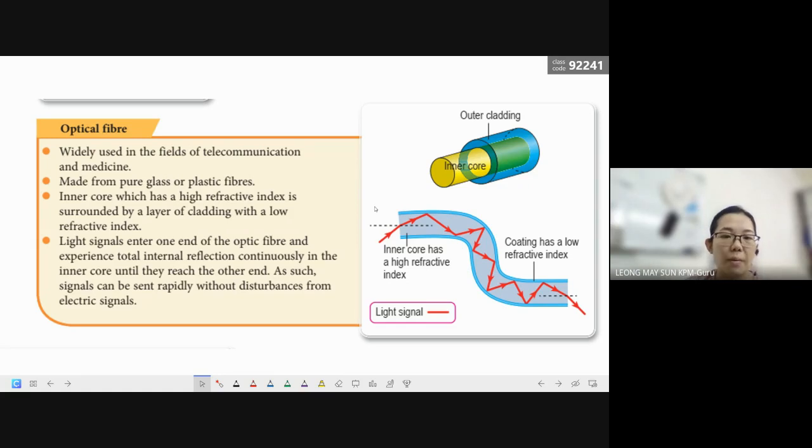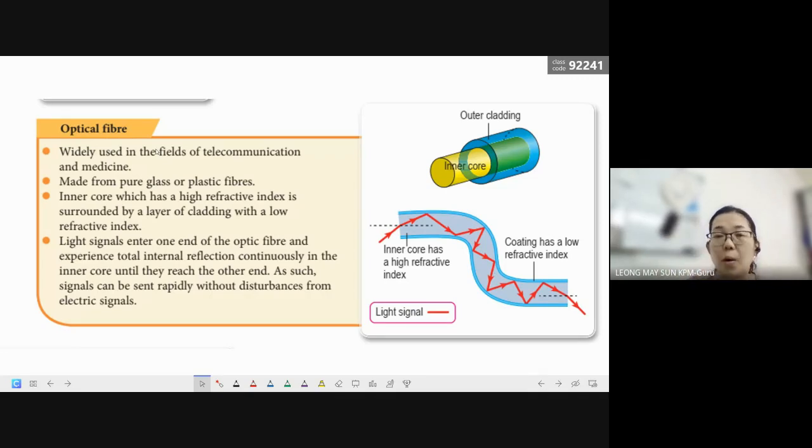Fiber optics, this is what I've taken from the textbook. It's widely used in the fields of telecommunication and medicine. Just in case you didn't notice, it was not only in the textbook, it was also in the slides that I sent out 2 days ago. You know those endoscopy procedures where they put a tube inside through an opening in the body?